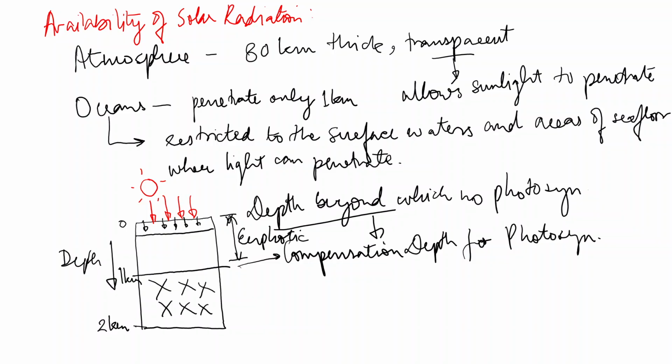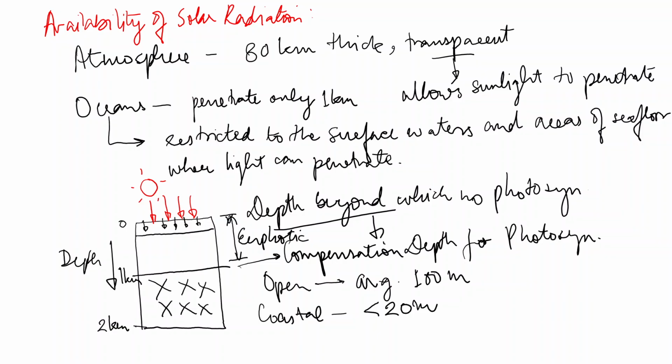In open ocean, this euphotic zone on an average is 100 meters. And in the coastal regions, which are near to the coast, it is less than 20 meters.